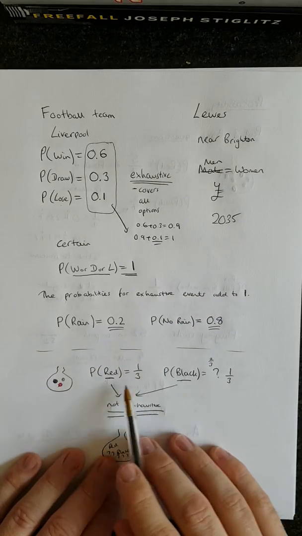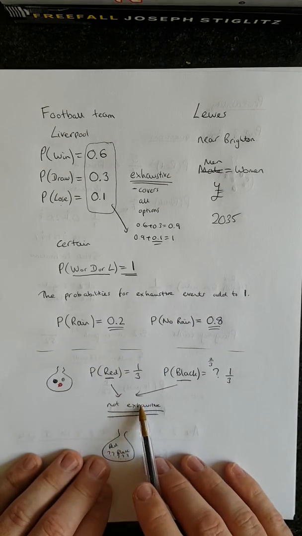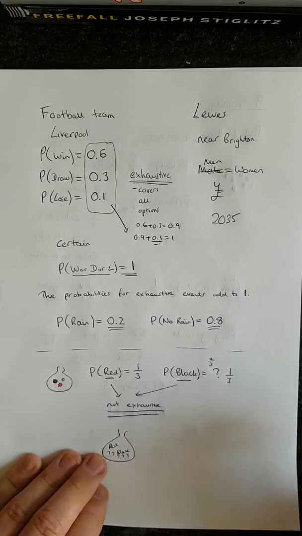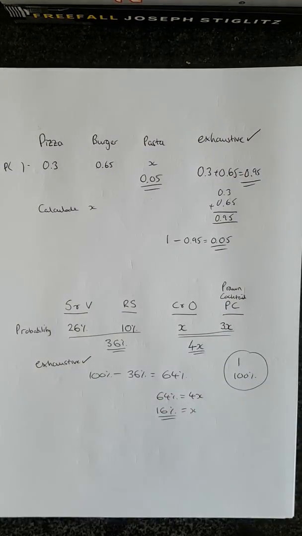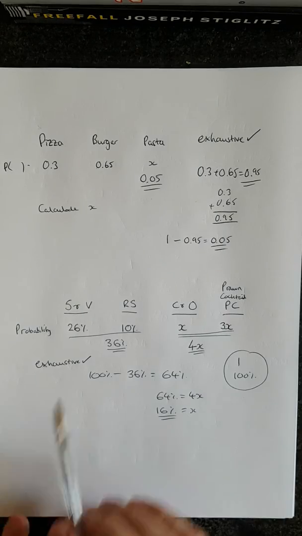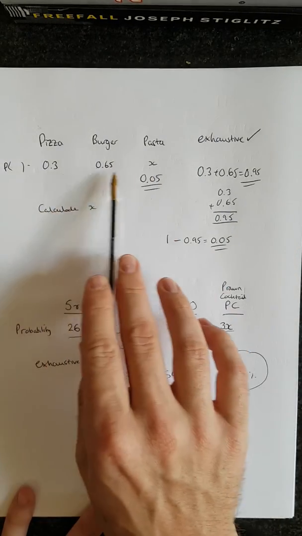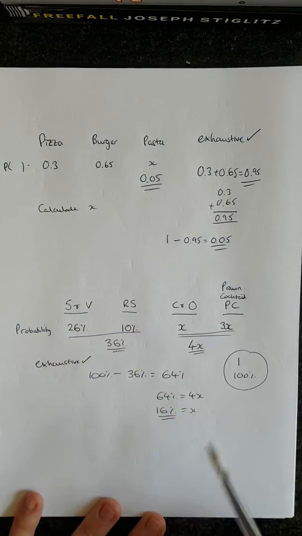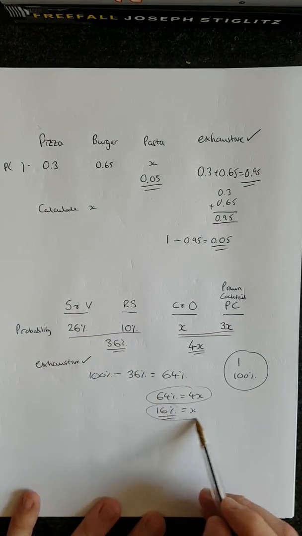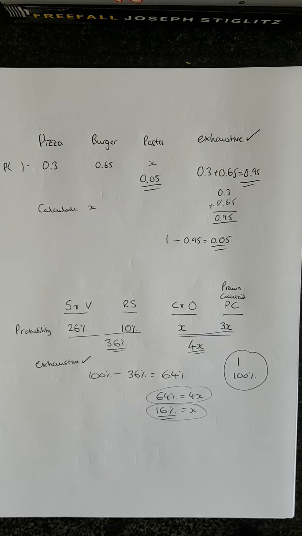We also looked at what happens if you don't know if they're exhaustive and you can't then work it out. We then solved a couple of examples where they've thrown a little bit of algebra here just to distract you because you know that you can work that out, and here where you actually have to form and solve a very simple equation.